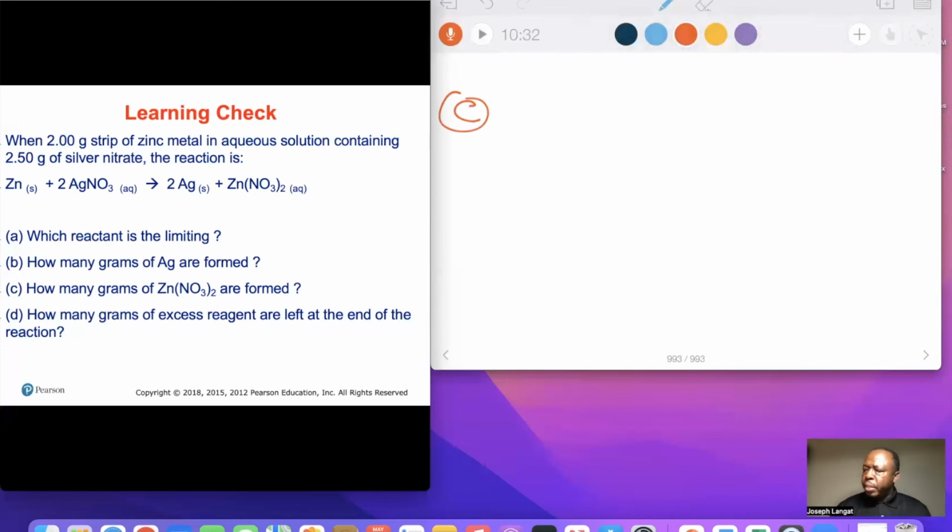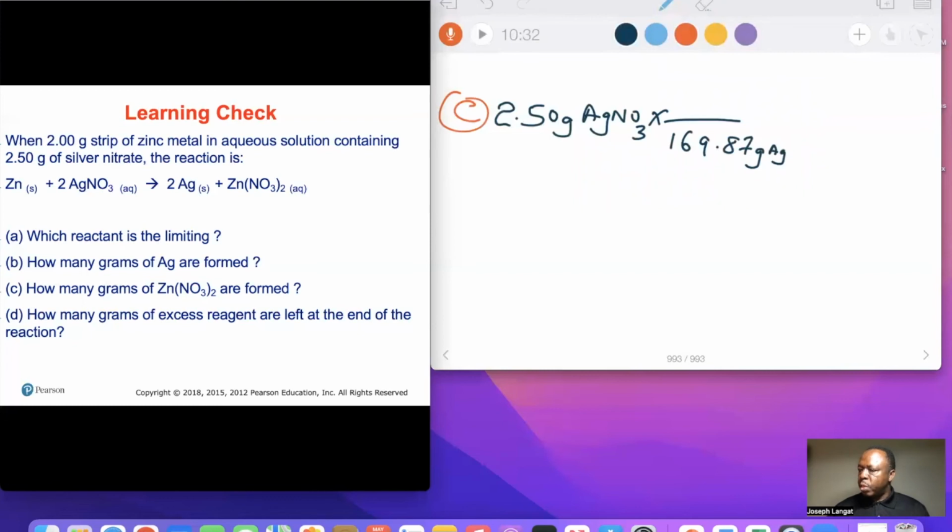What I need to do now is, since this is the limiting reagent, silver nitrate, 2.50 grams of silver nitrate times the molar mass of silver nitrate, which is 169.87. This is from the periodic table.